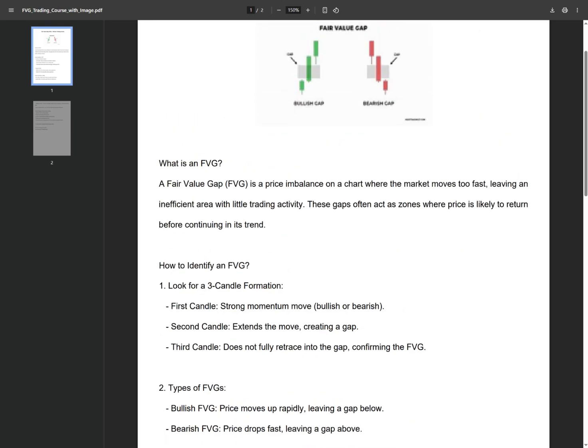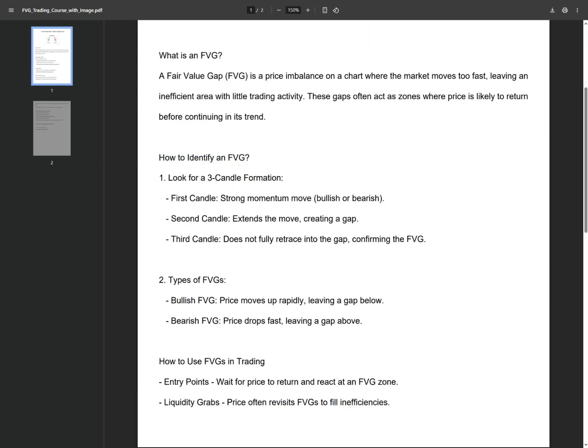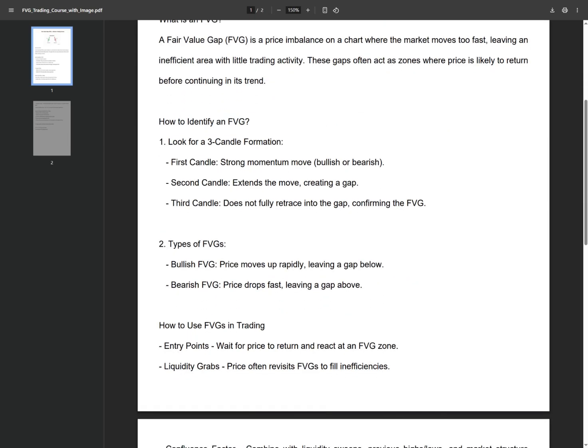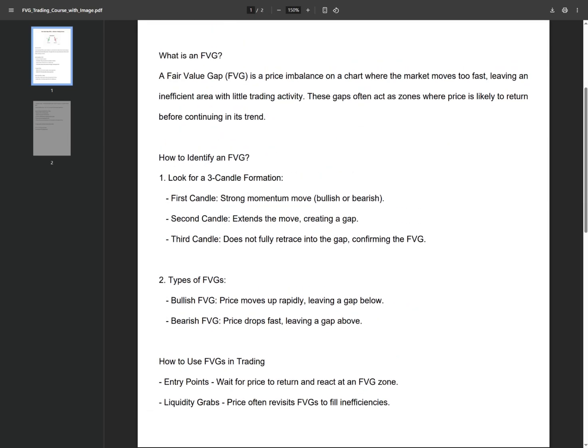So how do you identify fair value gaps? First, you want to look for a three candle formation. I stated three candle formation: one, two, three candles. The first candle is a strong momentum move up, the second candle extends the move, which creates a gap, and the third candle doesn't fully retrace into the gap, which confirms the fair value gap.